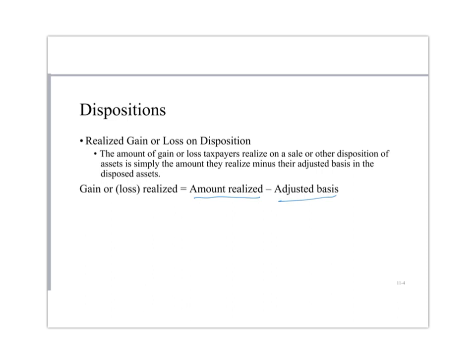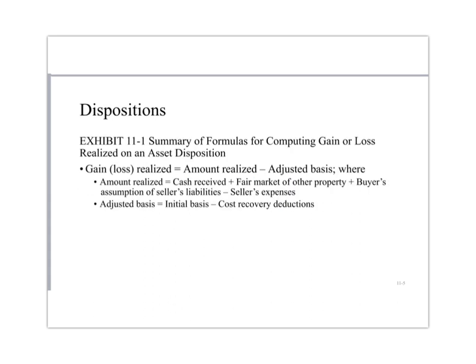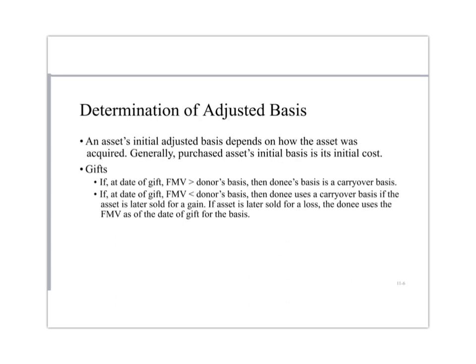That is not a new definition for us. We've dealt with that before. This next slide just combines all of those definitions essentially into one slide. So it's kind of handy, but we're going to move on.